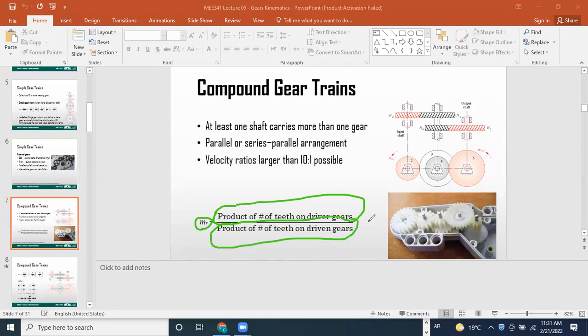Okay, so this is how I can determine it in a fast way. Instead of decomposing each time, I directly see how many driving gears I have, 1, 2, how many driven, 1, 2. Since I have 2 sets, the ratio will be positive and equal to, what did we say the driver gears are? N2 and N4, so I put on the numerator N2 times N4, and on the denominator N3 times N5. And in this way, I get my ratio.